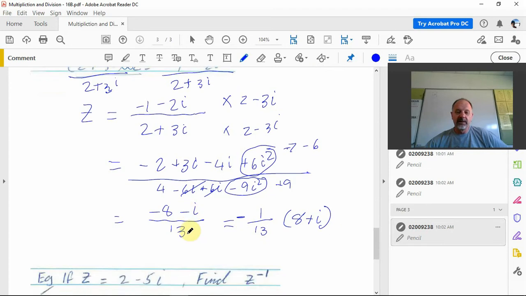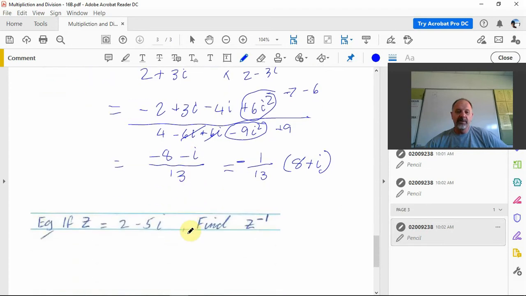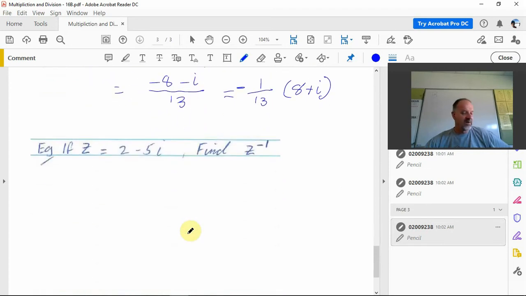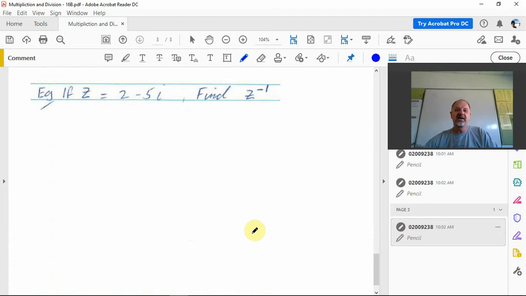All right, so here we go. If z equals 2 minus 5i, find z to the minus 1.